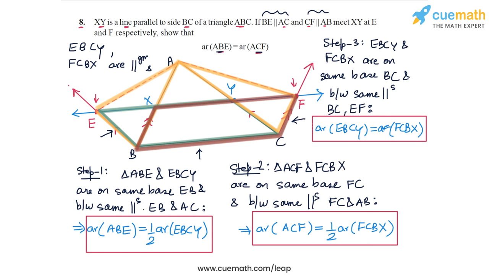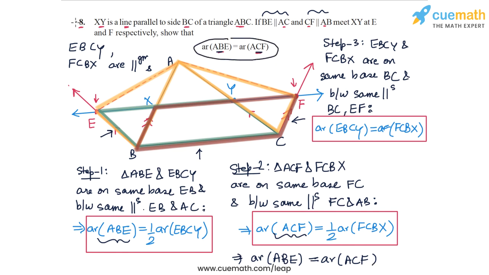So EBCY and FCBX have equal areas. From these 3 relations, we can now easily conclude that the areas of ABE and ACF must be equal. So we can now conclude that the area of ABE is equal to the area of ACF. So this is what we had to prove, and this completes our proof of question number 8.